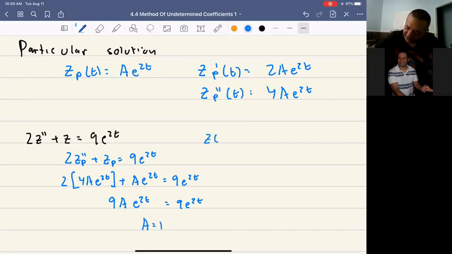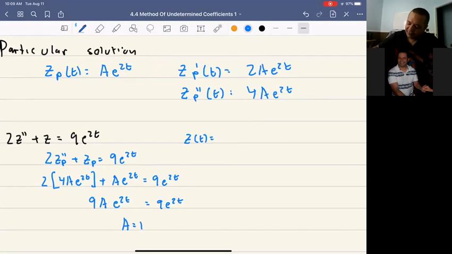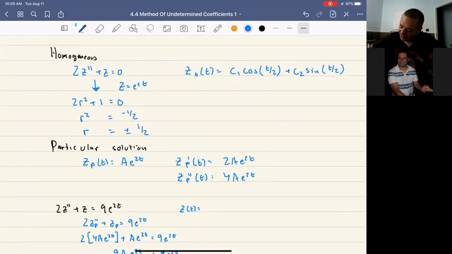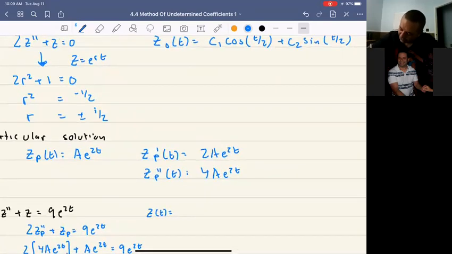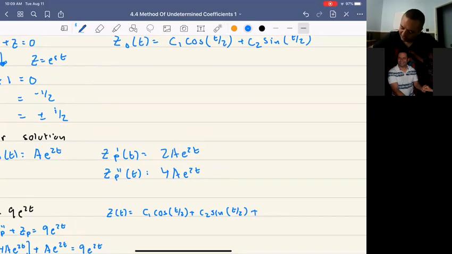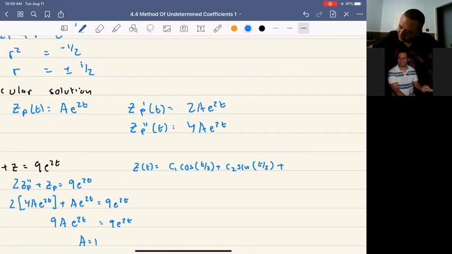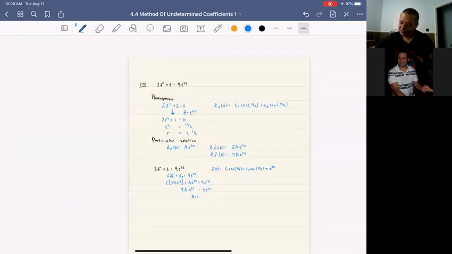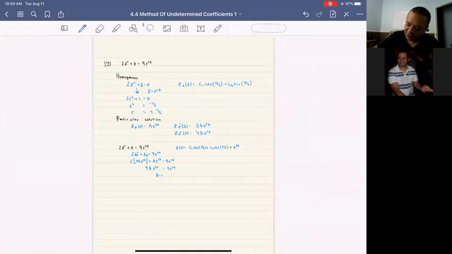So z of t is going to be, we have our homogeneous part, c1 cosine t over 2 plus c2 sine t over 2 plus our a is 1 e to the 2t. Okay. All right, I think we can do another one on this page.